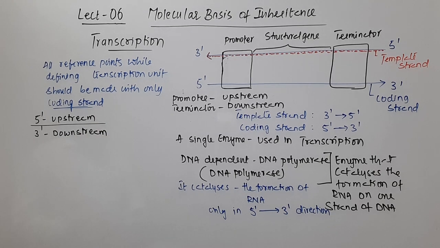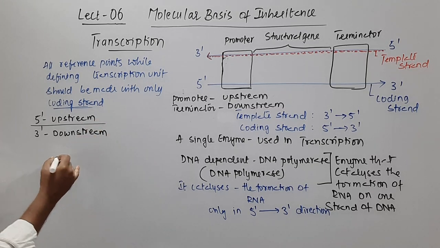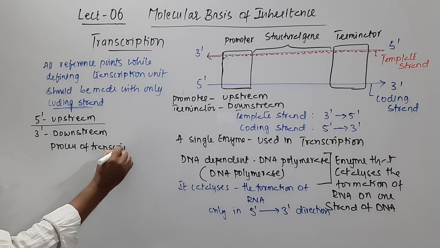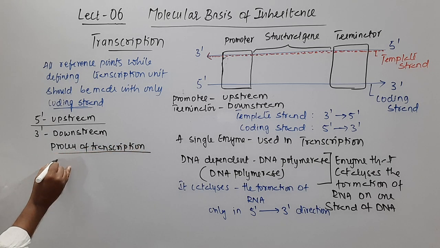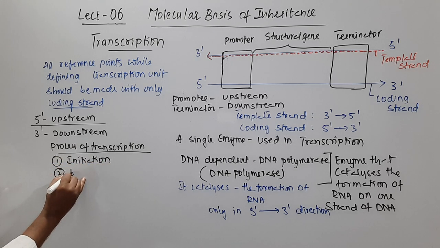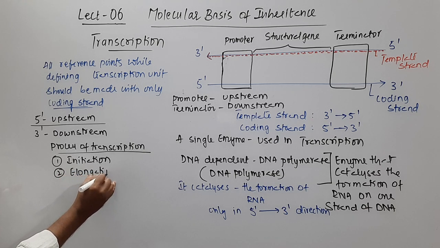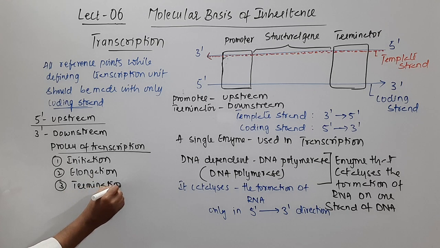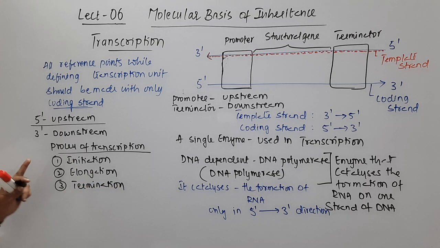Next, the process of transcription involves 3 steps: initiation, then elongation, and then termination. So these are the 3 steps that we see in the process of transcription, while the transcriptional unit has 3 regions, that is promoter, structural gene, and the terminator region.